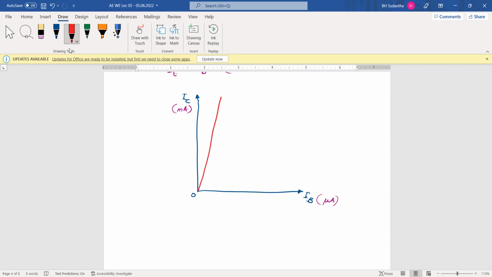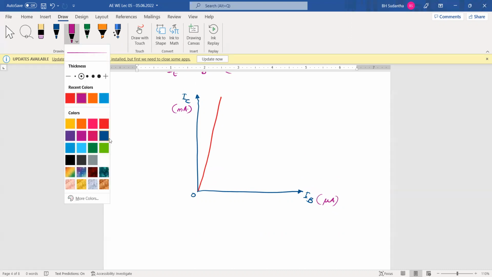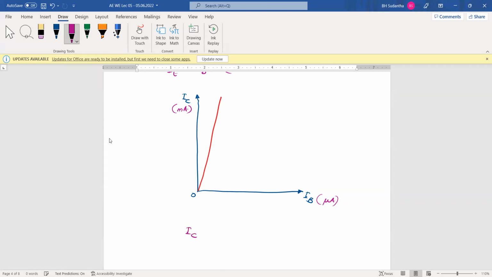Then we have another equation we can write here. IC is proportional to IB, and then we can write IC is a certain constant times IB.